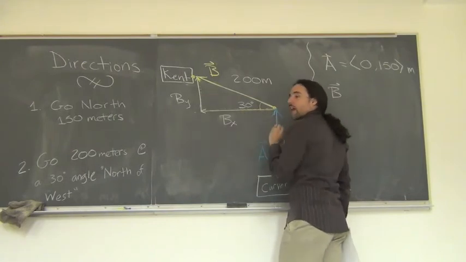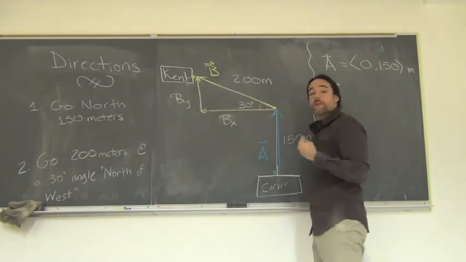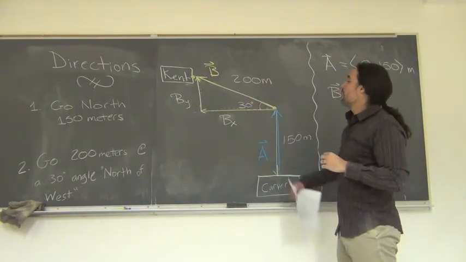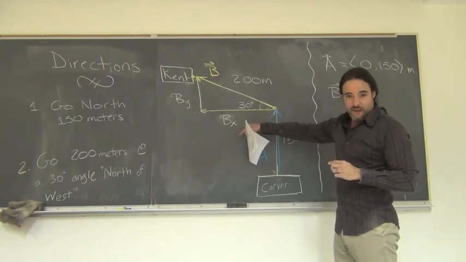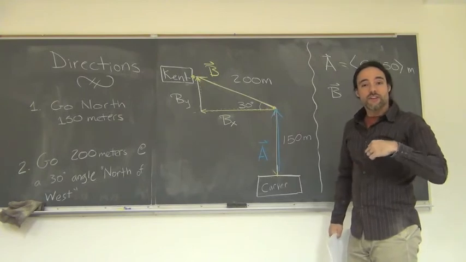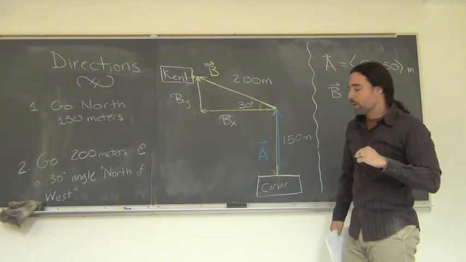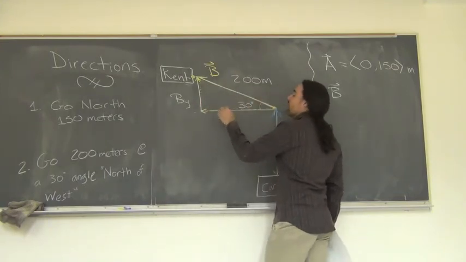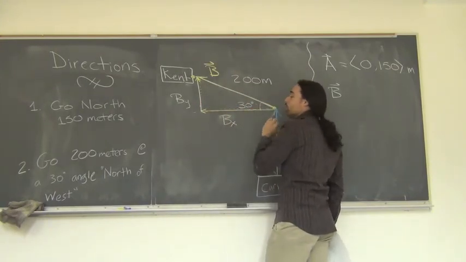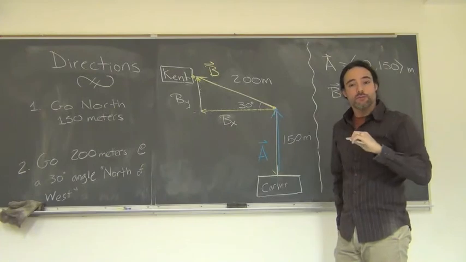This is the opposite side to the angle. 200 meters is the hypotenuse. I can figure out the adjacent side using the CAH from SOHCAHTOA. The CAH tells me that the adjacent side divided by the hypotenuse equals the cosine of the angle.